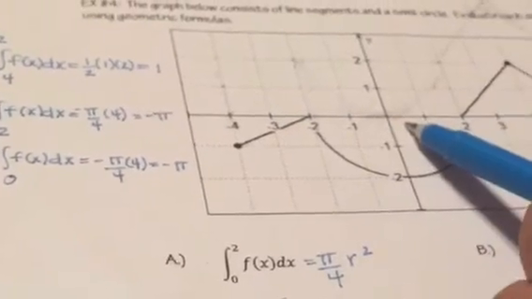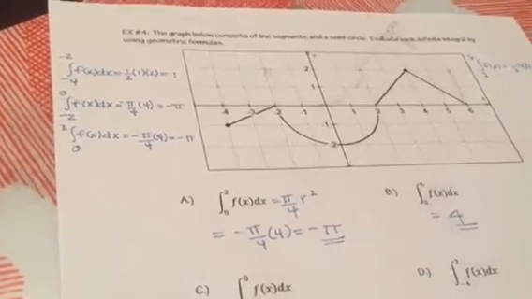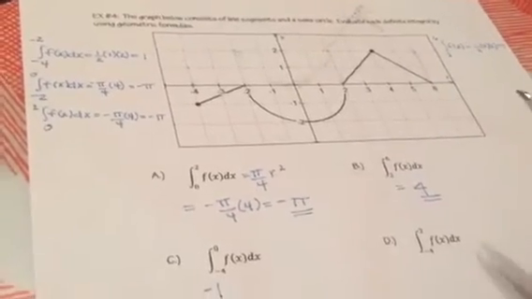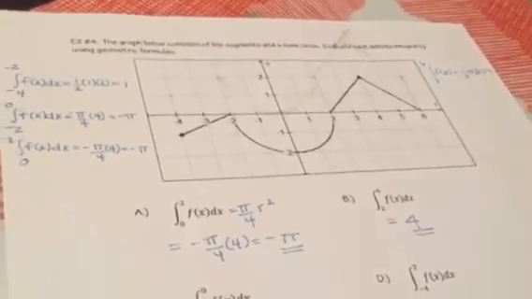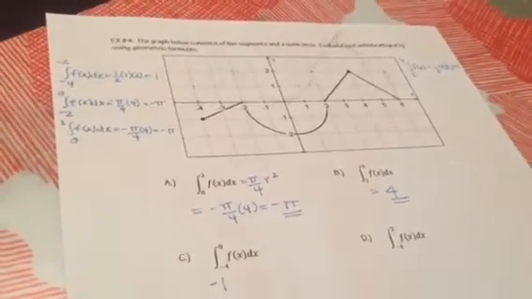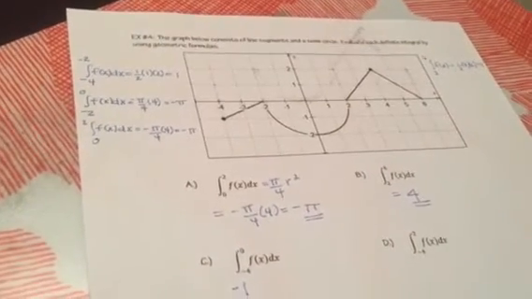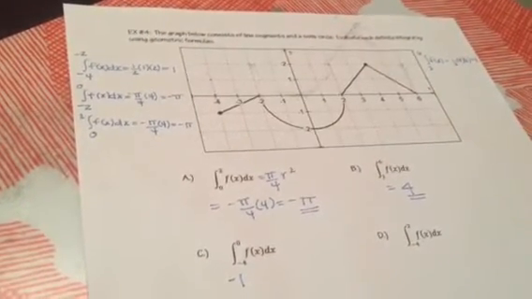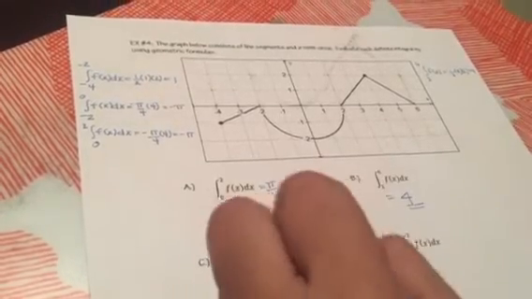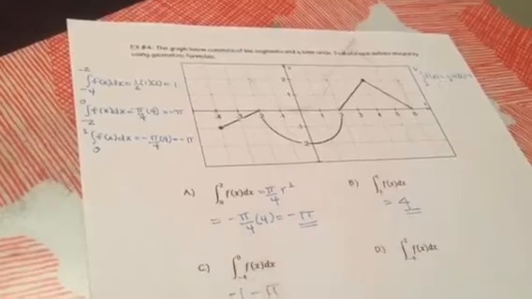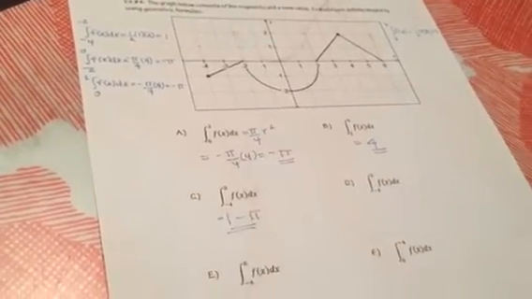From -2 to 0 is a negative pi with another negative because it's below the x-axis. That makes negative pi, which is what I had, and that would be the solution here.